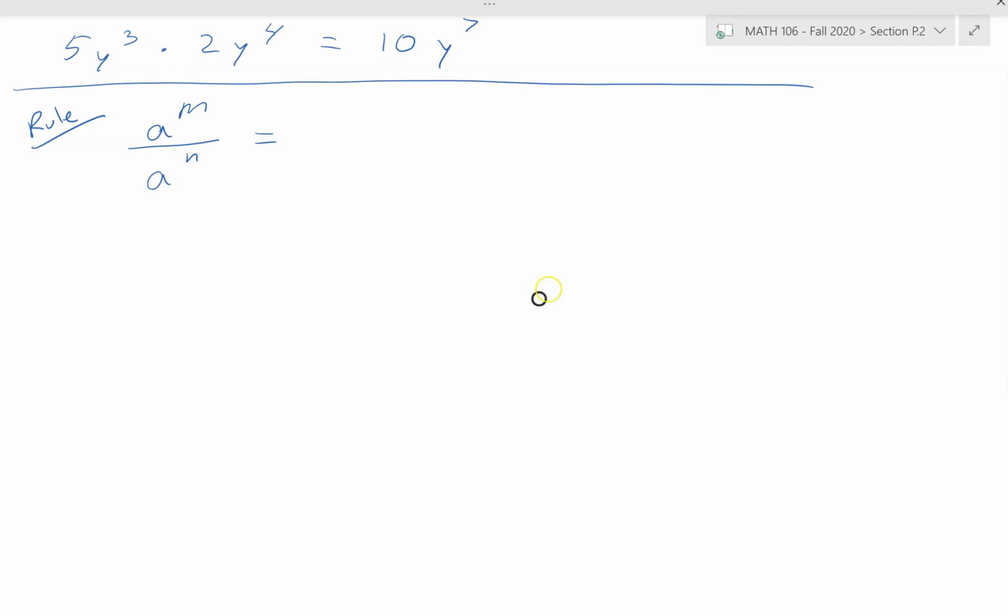What do you do to those exponents when you're dividing? Yeah, you subtract. So this would be a to the m minus n.